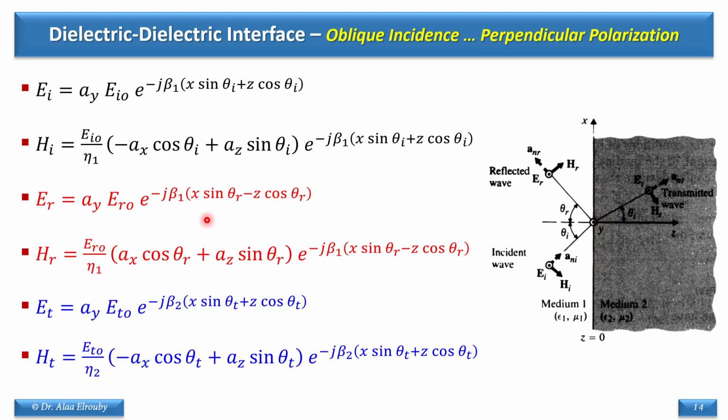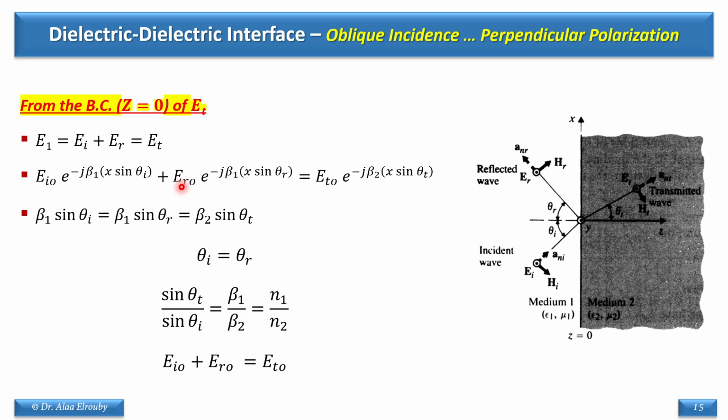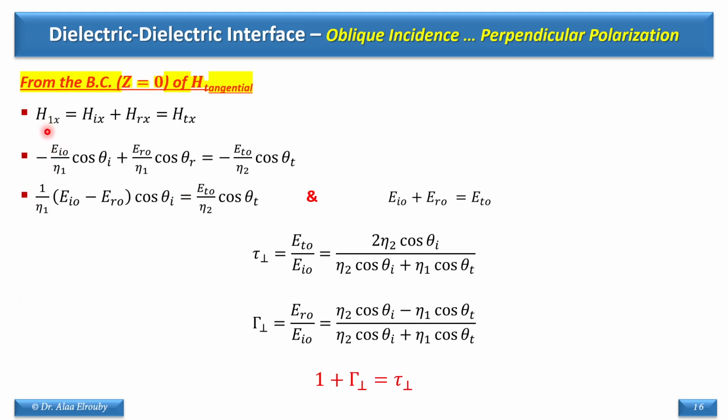There is no y, so we just consider the x component of H. So H1x, H incident x plus H reflected x, equals H transmitted x. Writing the equations, we'll have this expression, the boundary condition for tangential magnetic field. And this is the boundary condition for tangential electric field.